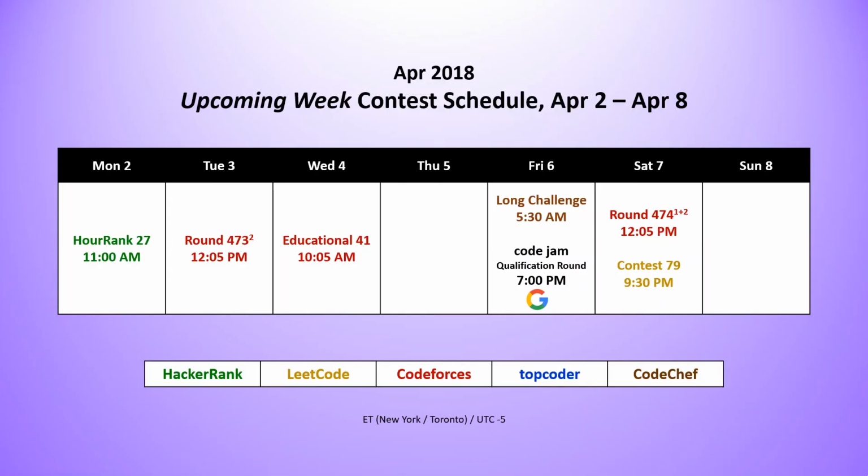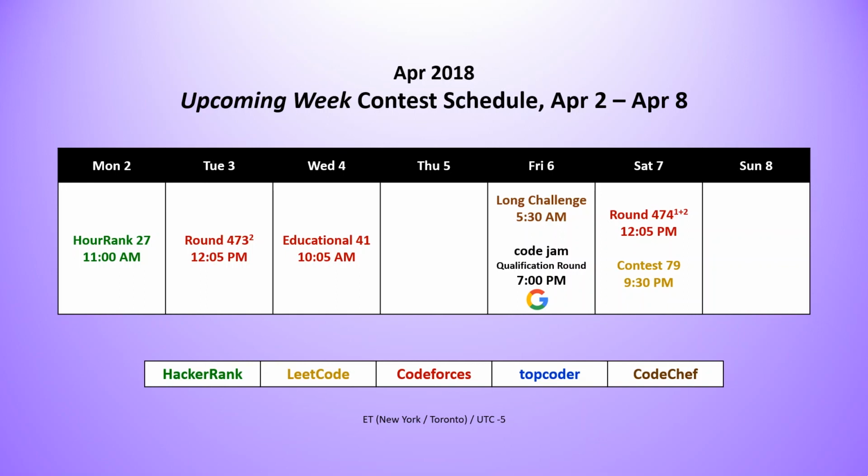Taking a look at the contests we have next week, it's a very busy week with 6 contests, 7 if you include the tournament put on by Google, the Google Code Jam. Starting off with tomorrow, we have HackerRank Hour Rank 27 at 11 a.m. From Codeforces, we have round 473 on Tuesday. Note that I've added a superscript to the Codeforces contests. Some of them are for Division 2 only, and some of them are for Division 1 and 2.